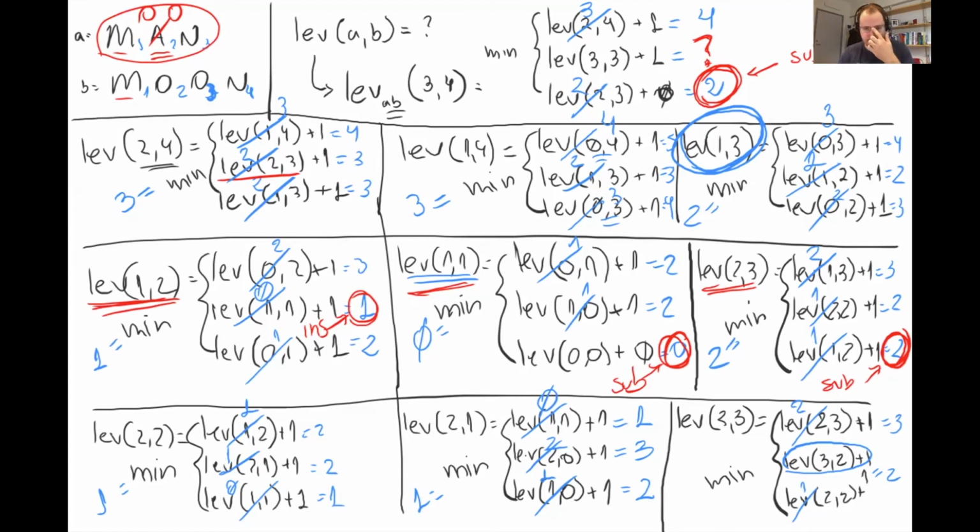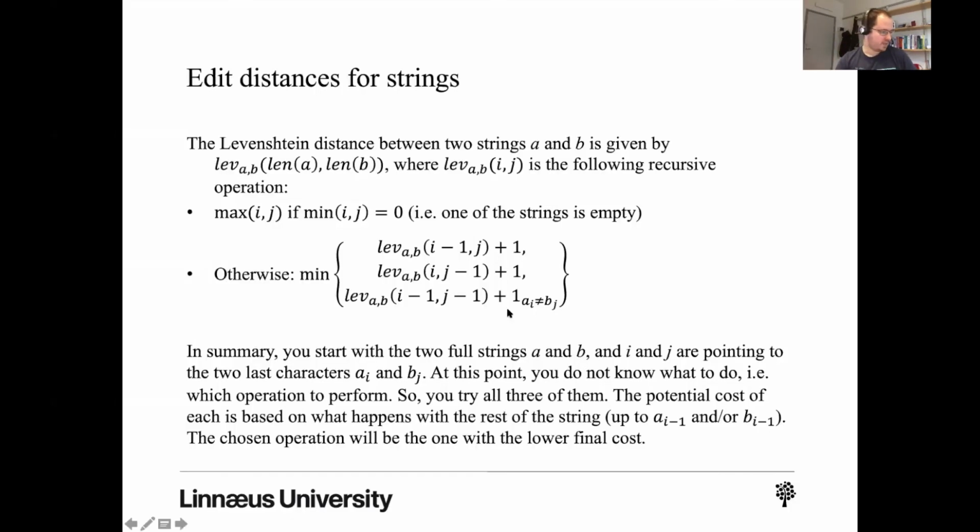So again, dynamic programming. Make sure you save the results of the operations that you do so that you can reuse them when some other function calls the same thing again. Okay. And that was it for the Levenshtein distance.